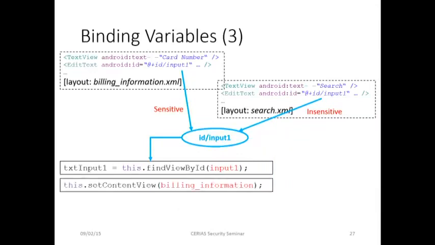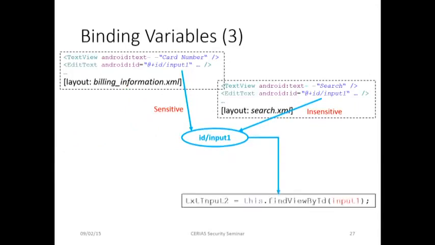For the first reference, the backward slice is something like this, and by further checking this slice, we can confirm that the input 1 here is associated with the widget defined in layout billing information instead of the widget defined in layout search. Then SUPOR can mark the corresponding variable text input 1 as sensitive.